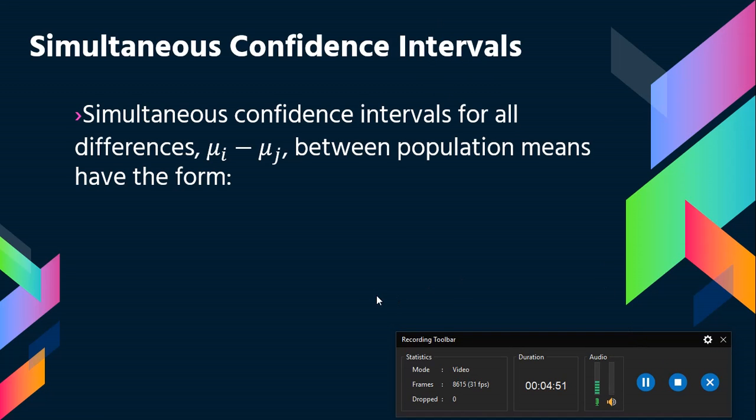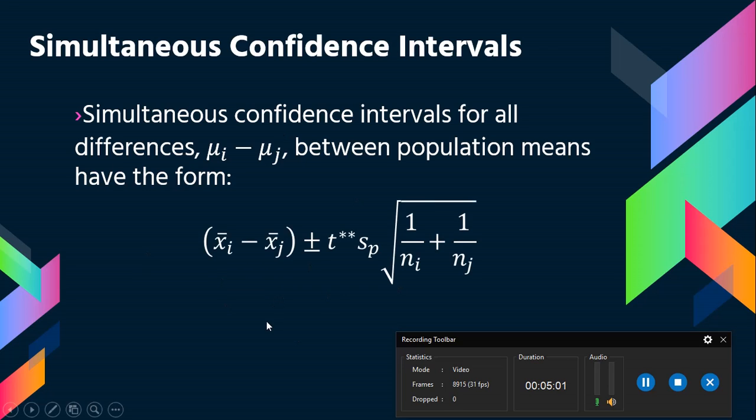We can also set up simultaneous confidence intervals for all of our differences so that we can see if any contain 0. The confidence intervals are all set up like we've done them in the past. You would find the difference between the two means that you're comparing. We would use the required critical value for t, and then we would use our pooled standard deviation.